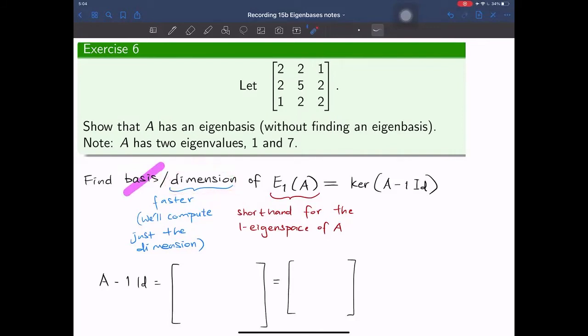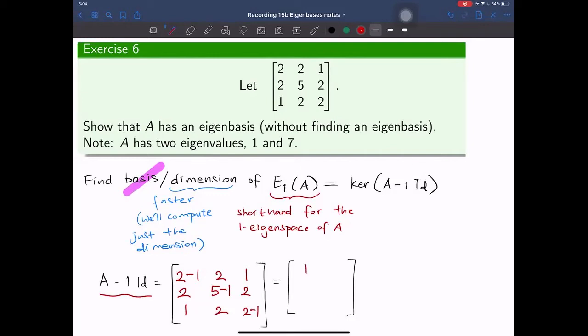Remember that the 1 eigenspace of A is the same as the subspace which is the kernel of A minus 1 times the identity matrix. This is 2 minus 1, and 2 minus 0, 1 minus 0, and then 2, 5 minus 1, 2, 1, 2, and 2 minus 1.